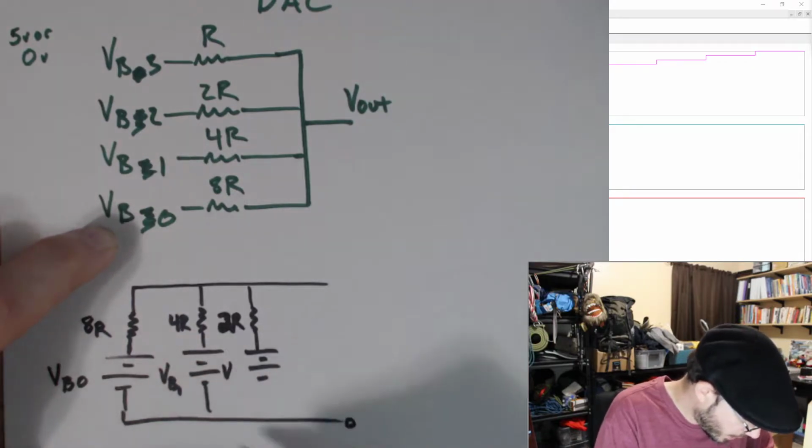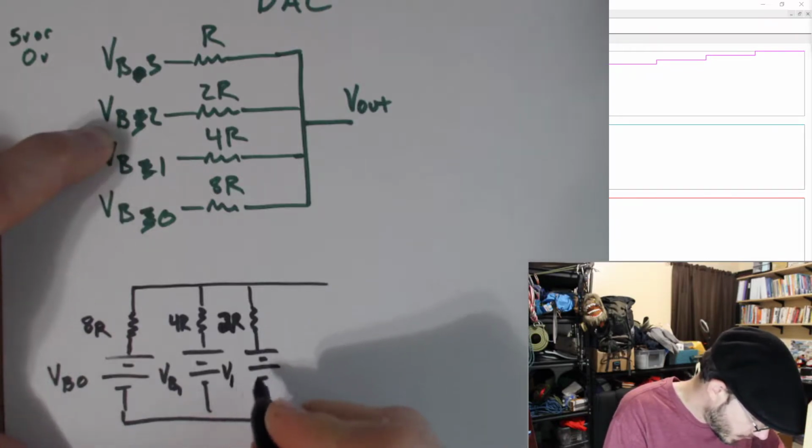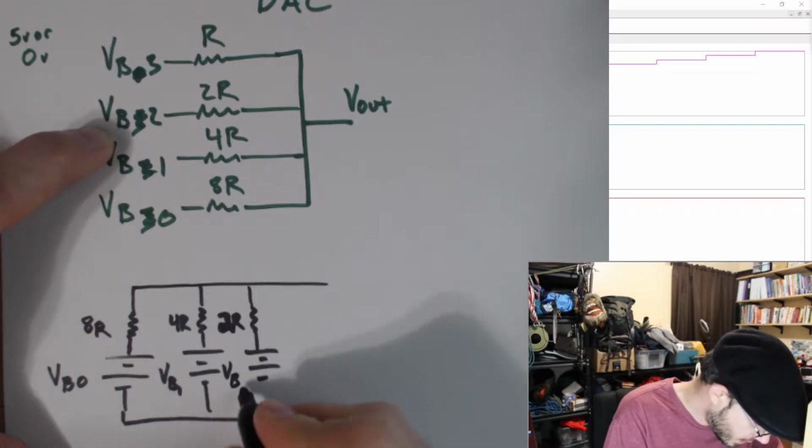That's supposed to be 2R, and 2R is associated with VB2.